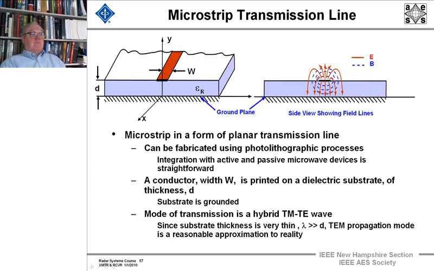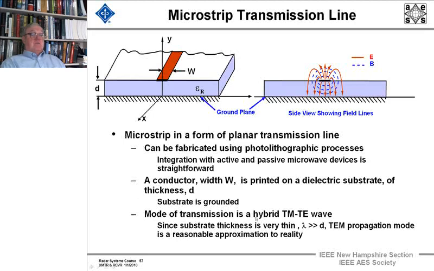And integration of passive and active microwave devices is straightforward with microstrip transmission line between the devices on a photolithographic plane. The conductor here is of width W, is printed, not placed. It's printed on a dielectric substrate of thickness D, and the substrate is grounded.